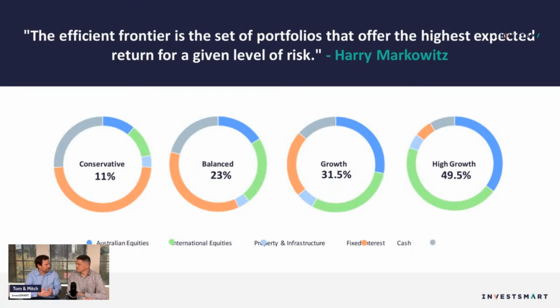People are living for longer, so you still need that small amount, 11% to international equities in a conservative portfolio. Inversely, if you jump up to high growth in our portfolios currently, almost 50% of a client's portfolio is international equities.